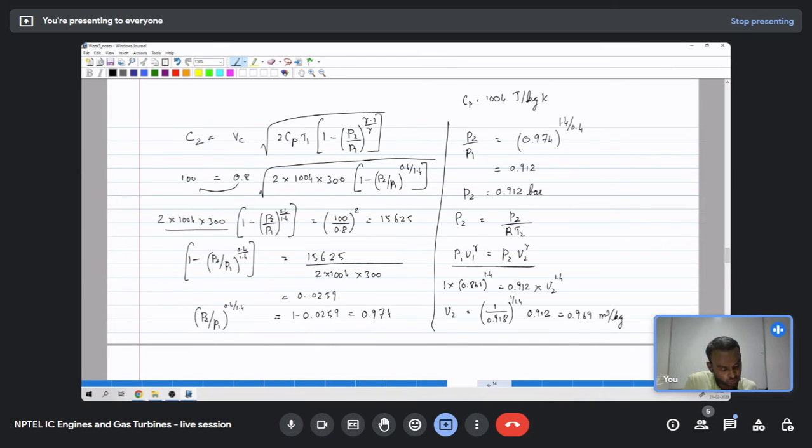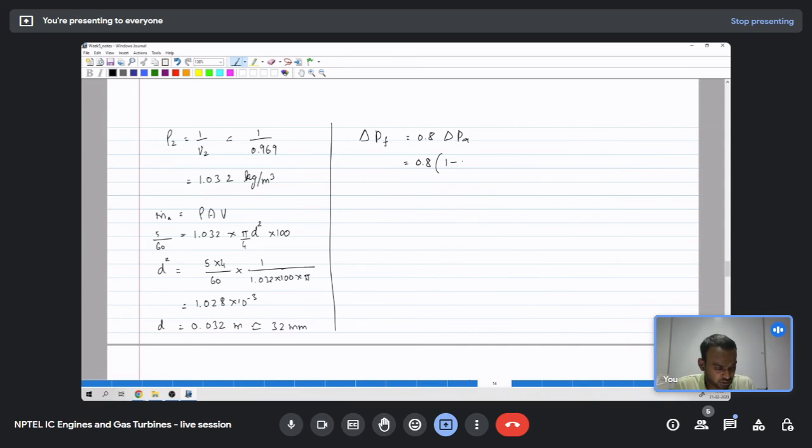So pressure before the throat at ambient is 1 bar, and pressure at the throat is 0.912 bar. So we have 1 minus 0.912. So this will be 0.0704 bar.